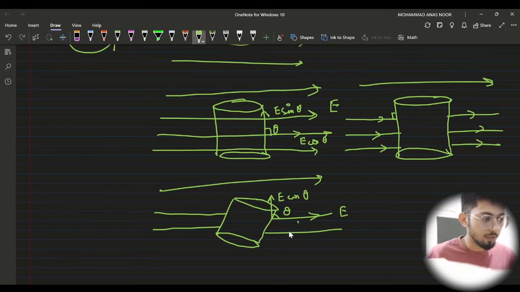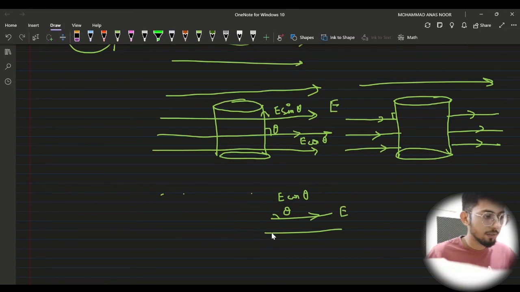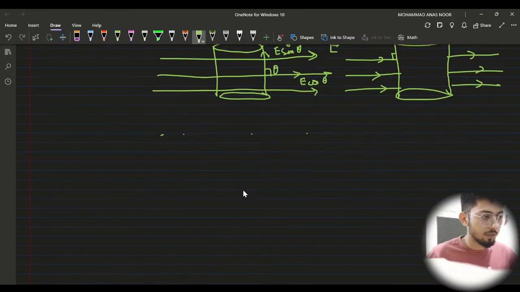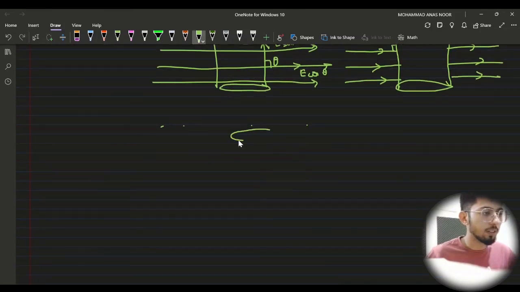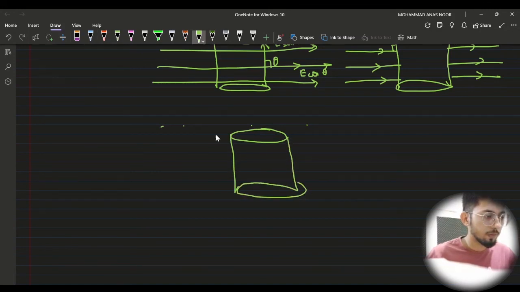Let's do it the other way around. Let's not draw the cylinder. Let's draw it like this. Cylinder is still like this, and the electric field is going like this.